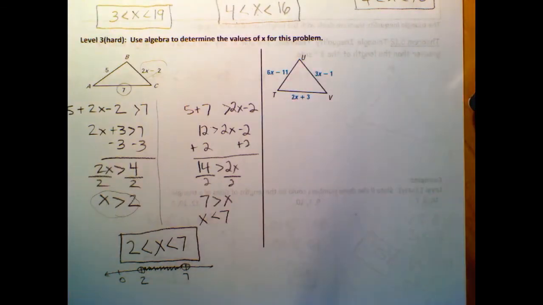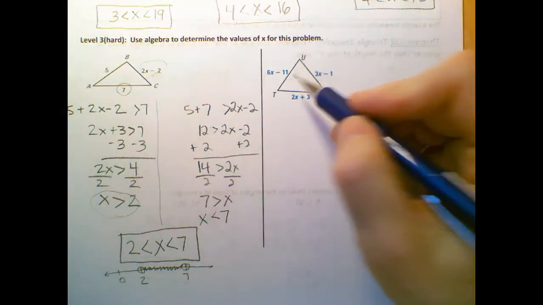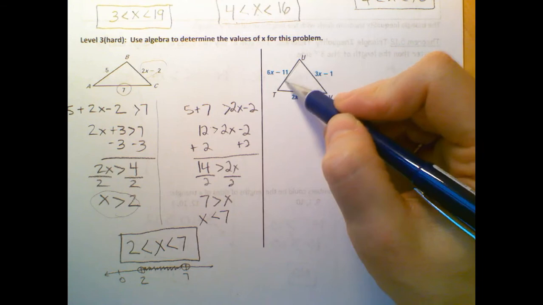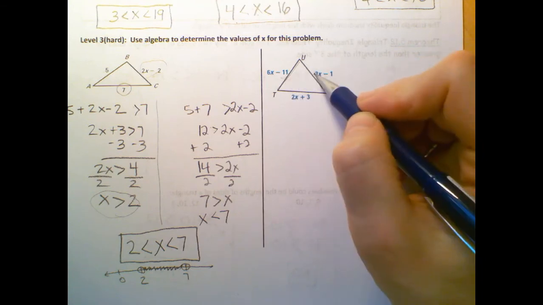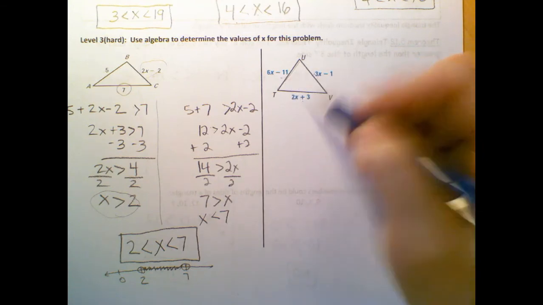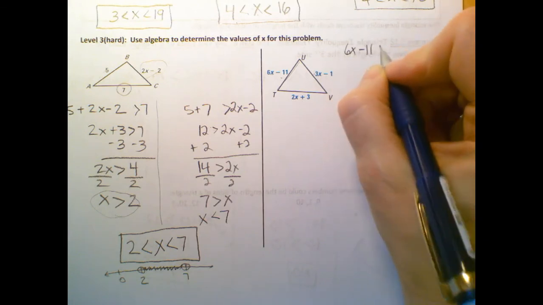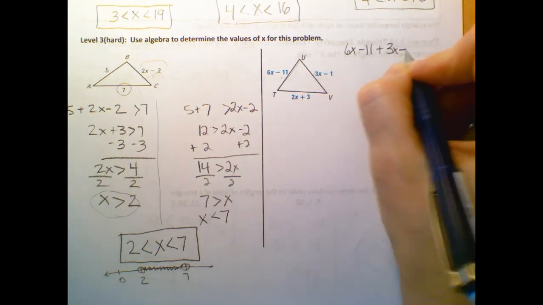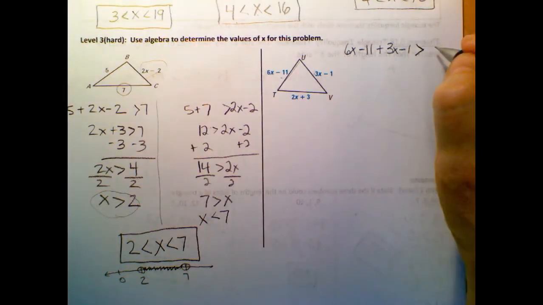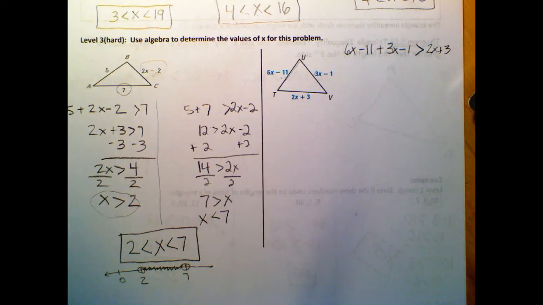So our first inequality would be to say that these two sides added together have to be greater than the third side. So that is 6x minus 11 plus 3x minus 1 greater than 2x plus 3.